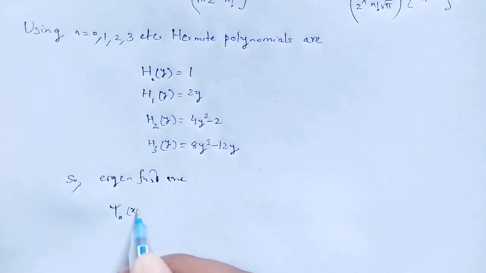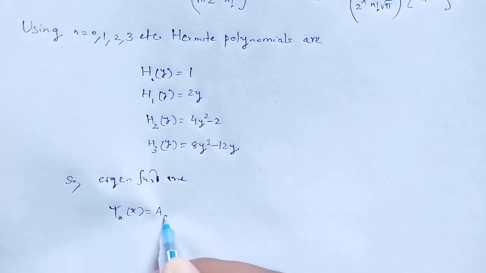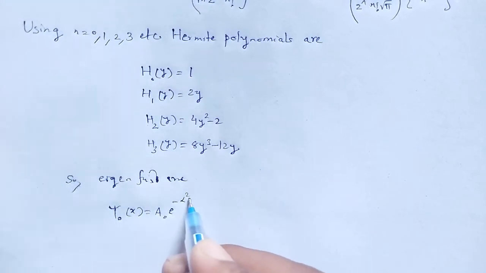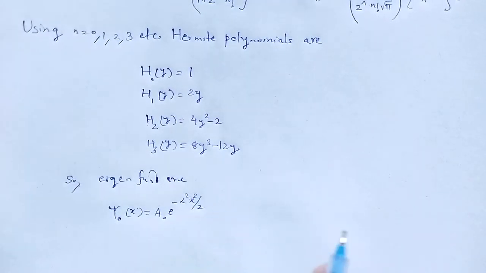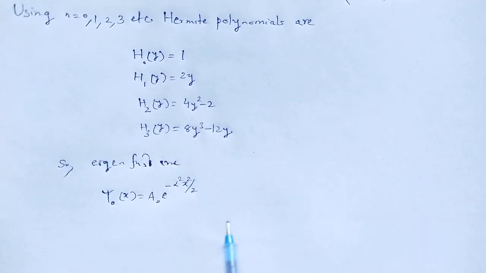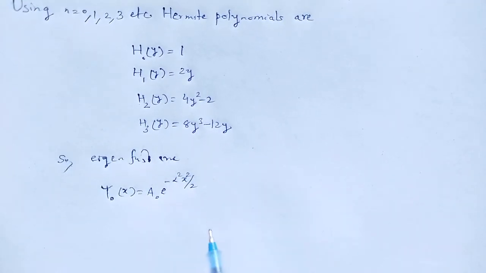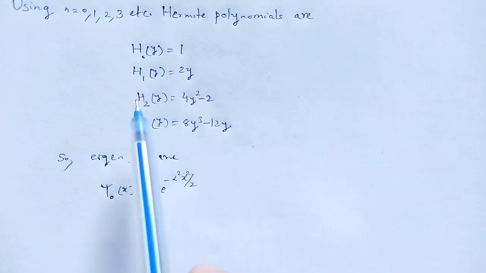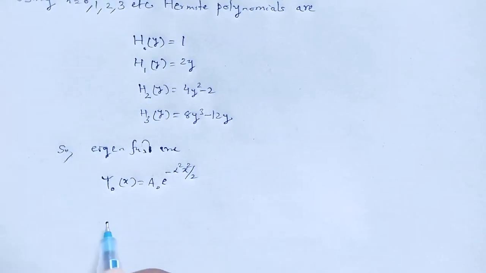psi 0 of x is equal to A naught e to the power minus alpha square x square divided by 2, and its graphical representation. First we write the wave function, then its graphical representations.